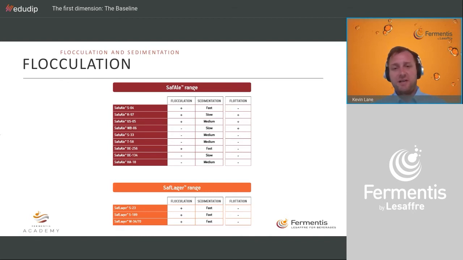The best example being K97 here. Also, the opposite is true where strains like T58, S33, poor at flocculating, sedimentation is medium, does not do the flotation in the foam. So those strains actually sediment at a reasonable rate, but they're not flocculating with each other. Again, going back to the lager yeast and the limited diversity in lager yeast, you can see they're all good at flocculating, fast at sedimenting, and do not display the flotation characteristic.